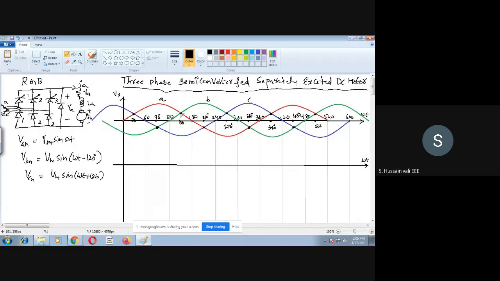Okay. So assume that right now the firing angle for all the thyristors is alpha equal to 0. Say for example, alpha is equal to 0. This is one condition you will take. Then what is VA, the output of the semi-converter? Some important thing you will understand here for VA.